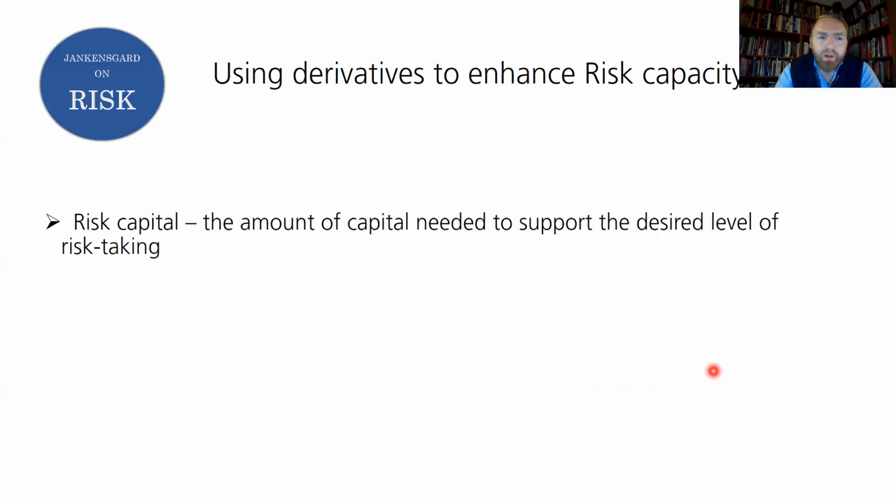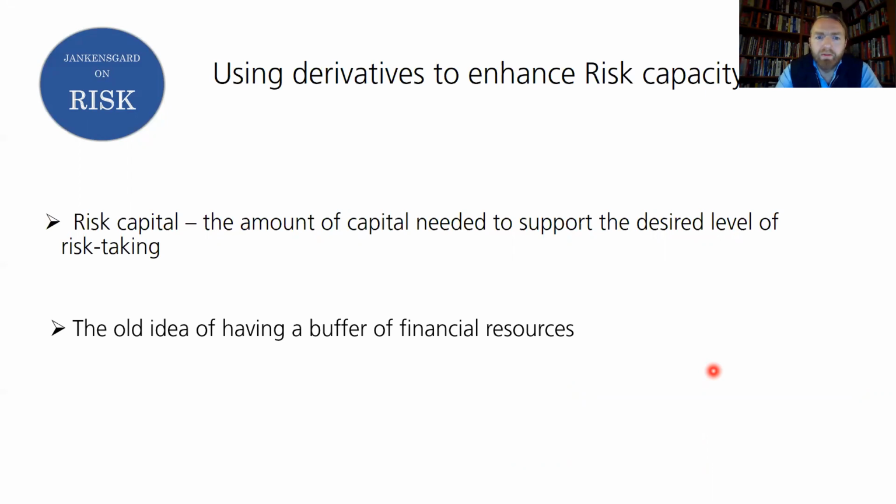So risk capacity is related to the idea of risk capital, having some capital in place to support the risk-taking that is necessary as part of doing business. And that means essentially having some kind of a buffer against that risk. And we're talking here financial resources, essentially, that help you cope with adversity, these worse than expected scenarios, so that you can function, survive and thrive in these scenarios as well.